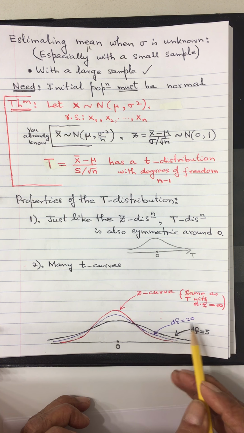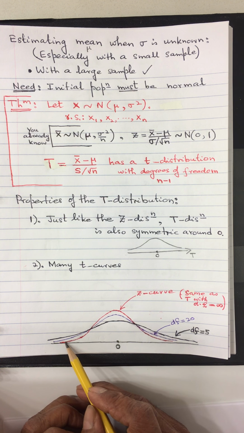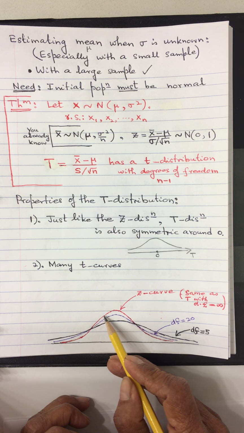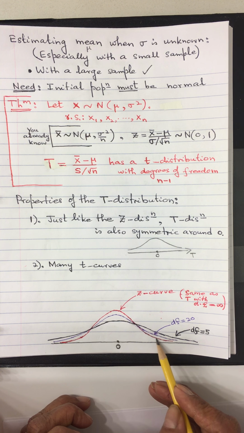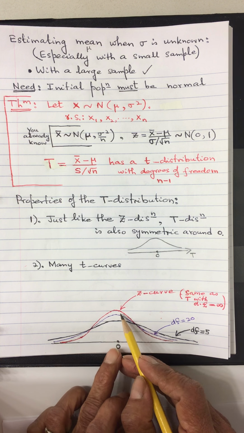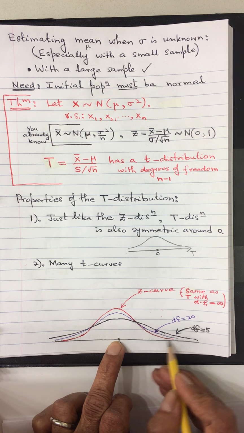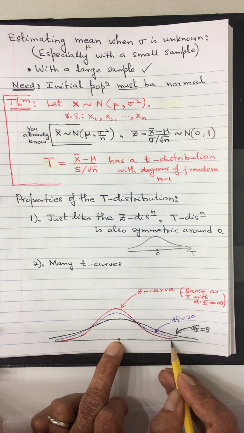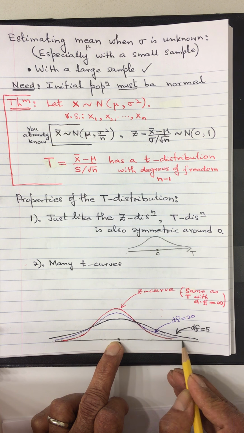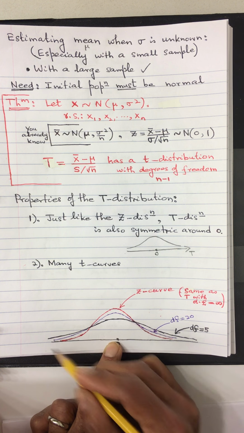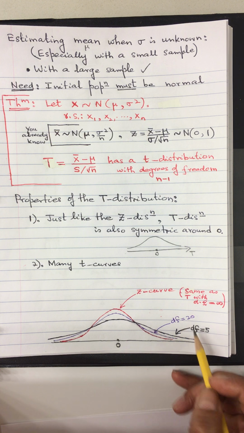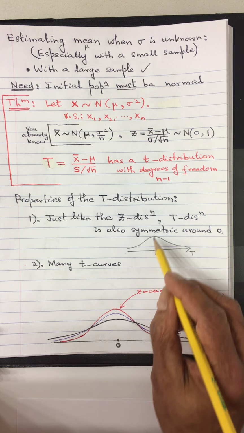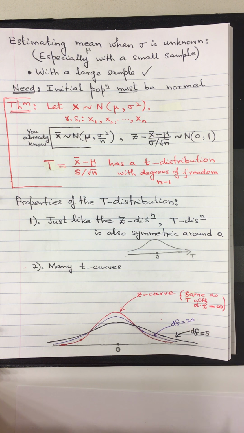When the degrees of freedom gets larger and larger, the curve gets closer and closer to the z curve, which pretty much goes from -3 to +3, with almost nothing after that.